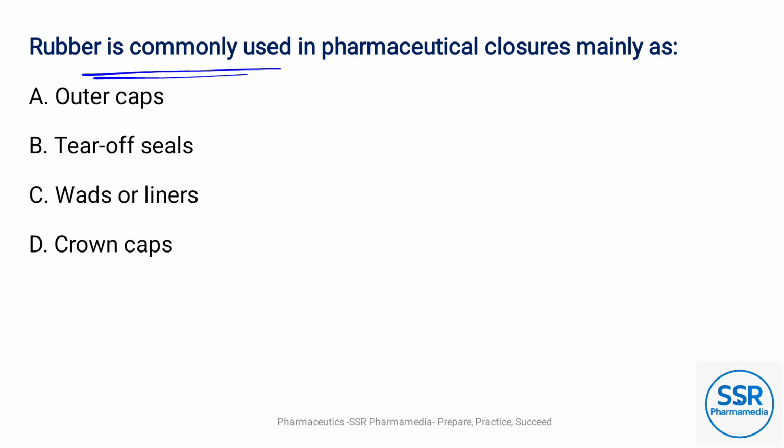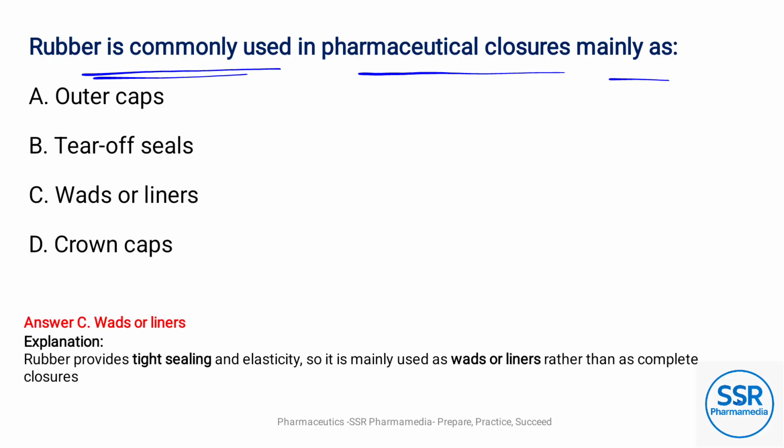Rubber is commonly used in pharmaceutical closures mainly as option C, wads and liners. Rubber provides tight sealing and elasticity. It is mainly used as a wad or liner rather than as a complete closure.